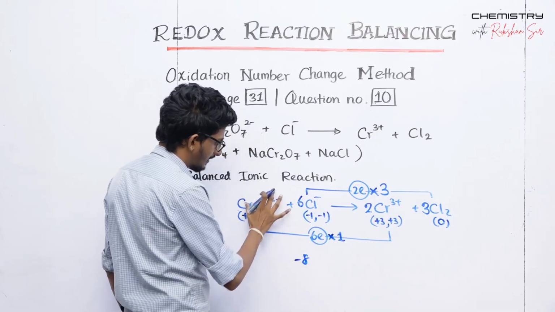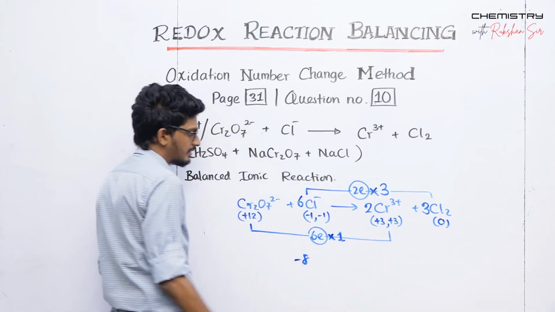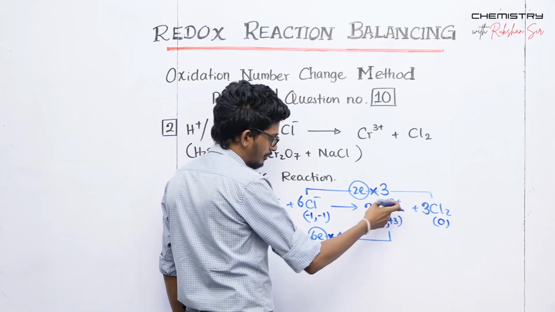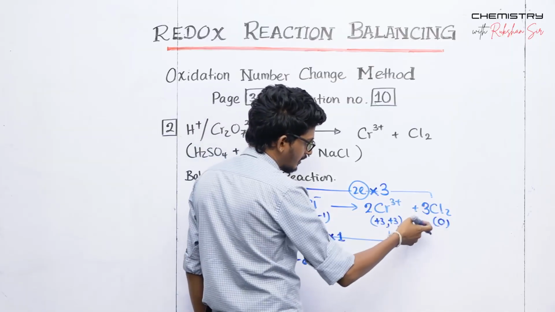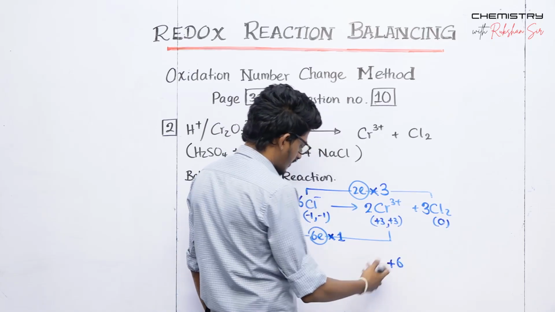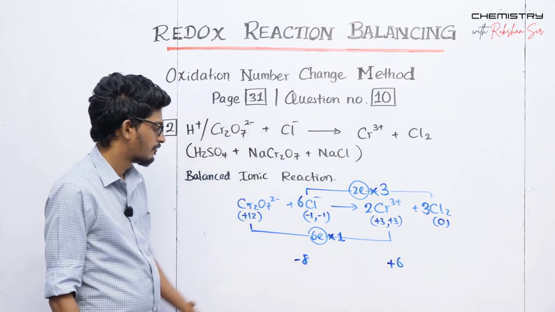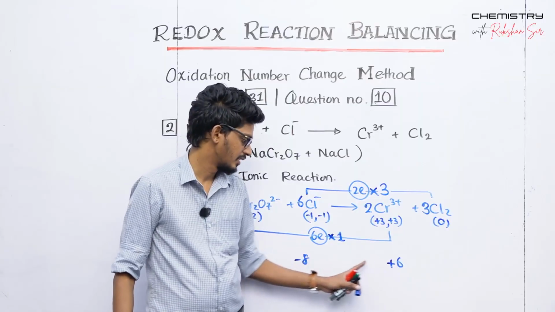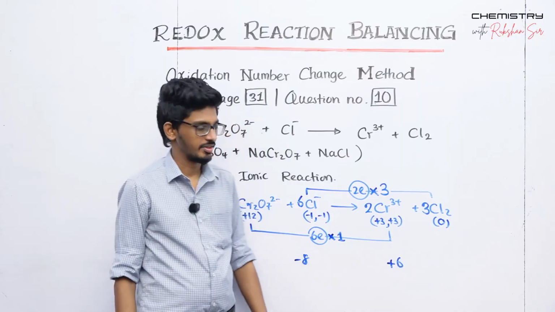The charge on this side is +6. 2 particles with plus 3 means +6, and 3 particles with 0 means 0. So +6. So altogether you could see 14 units of difference, -8 and +6.